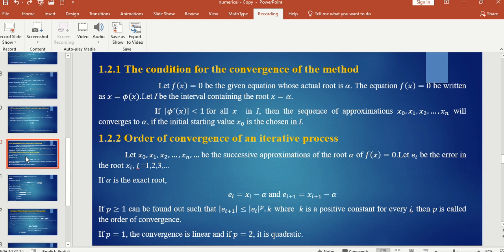If p is greater than or equal to 1, then modulus of ei plus 1 is less than or equal to k times modulus of ei to the power p, where k is a positive constant and p is called the order of convergence. If p equals 1, the convergence is linear. If p equals 2, the convergence is quadratic.